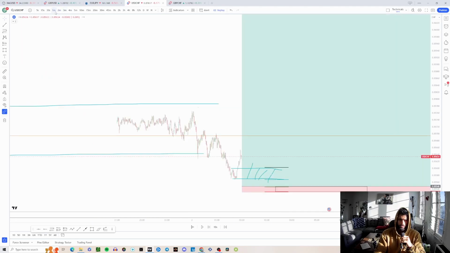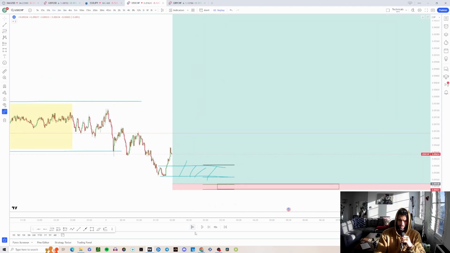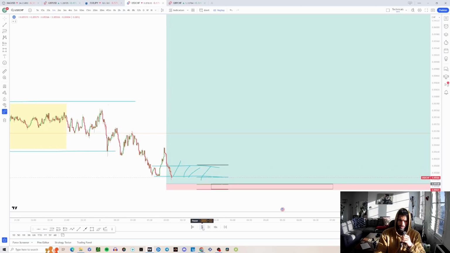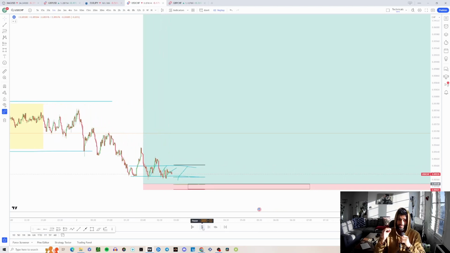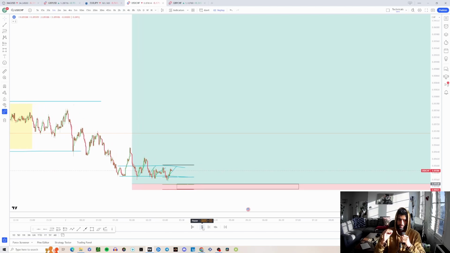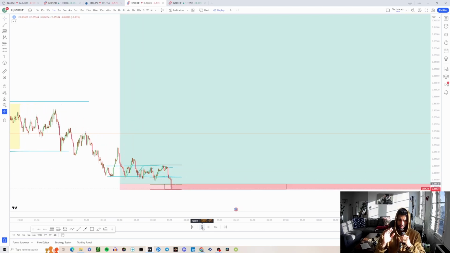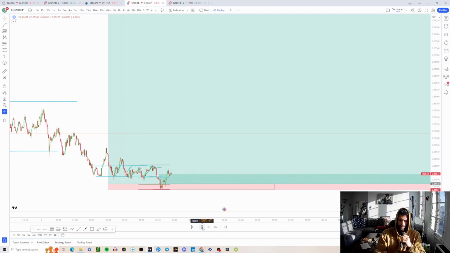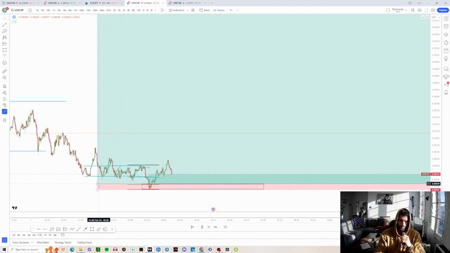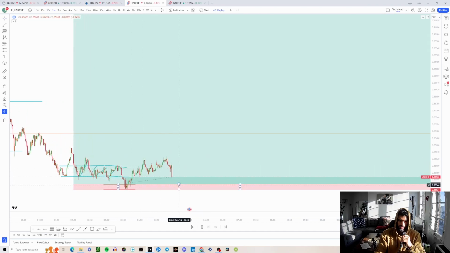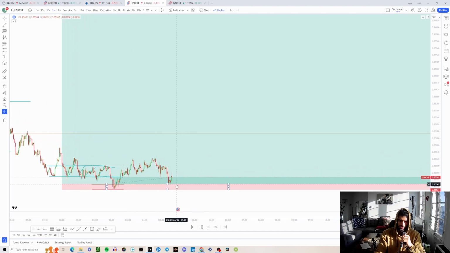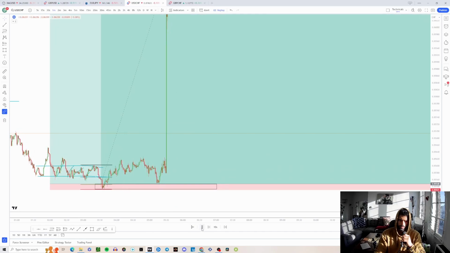Price comes in at the lower time frame. Just remember, we're still in a discounted leg in the higher time frame, super discounted leg, right? Price comes in, not entry here. This is just still printing out the schematic, but when price breaks this high, as you can see, tap in right there, and then boom.